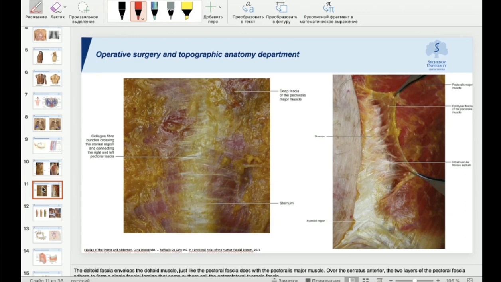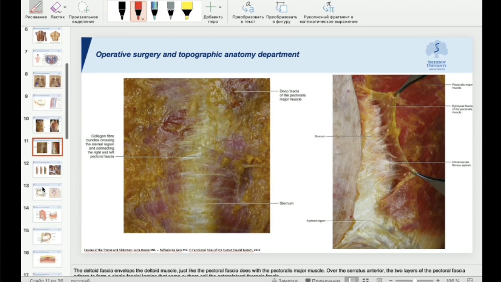Where can it go? Means the pectoralis major or minor or major. Where else? Okay, it is correct, but where else?